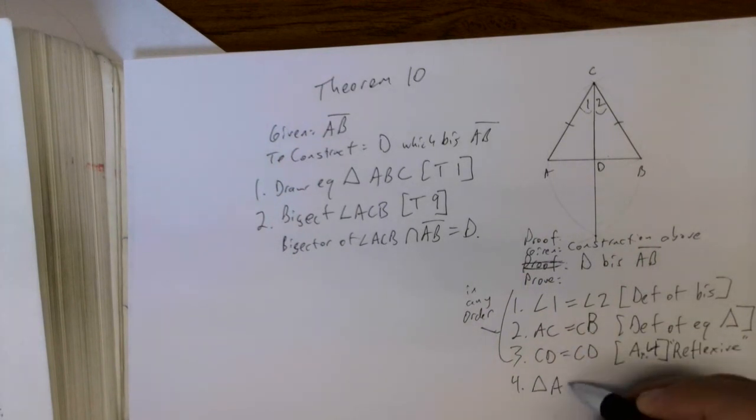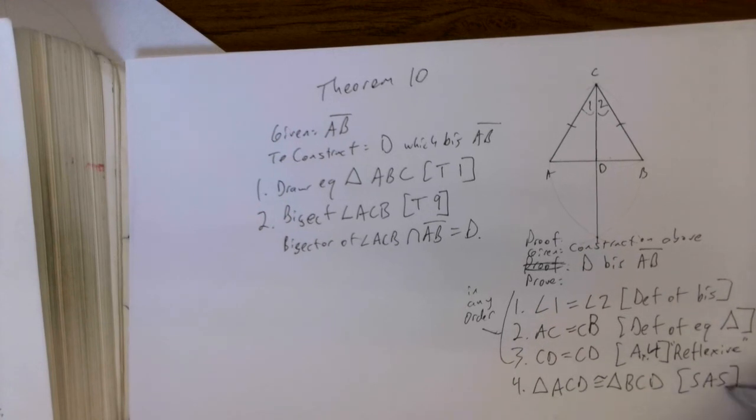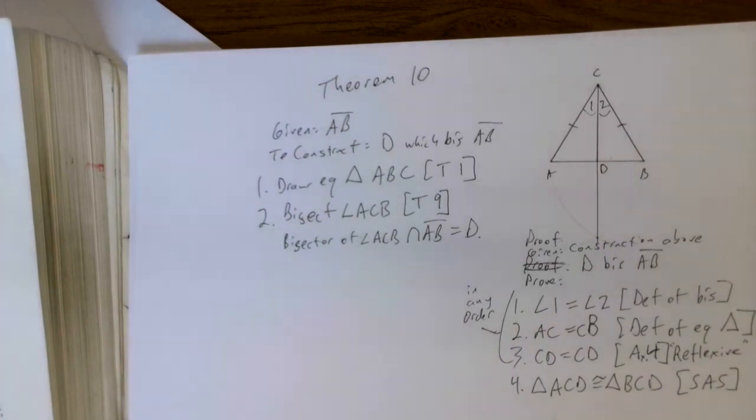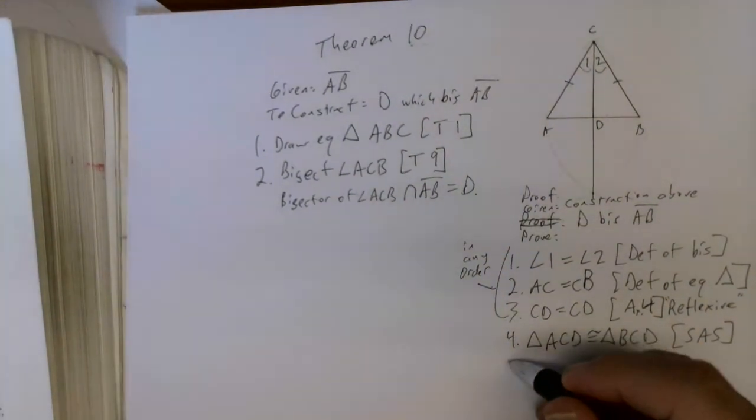So that's triangle ACD is congruent to triangle BCD. Make sure A lines up with A, C with C, and D with D. And that's not by the SSS, but rather by the SAS. That's super important that you know Theorem 10 is impossible without the SAS. All right, ka-chunk, the locker is opened.